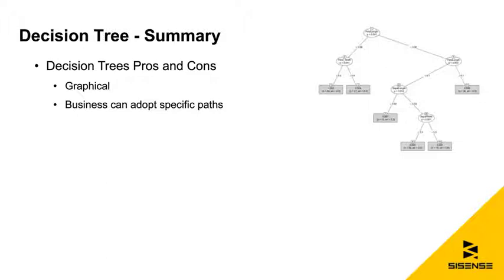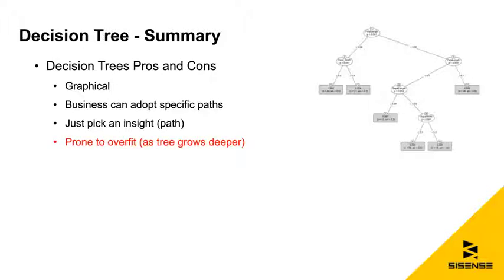They can actually pick a subset of the tree path and adopt it, maybe transform it into a business rule. And so these models are modular, which is a great advantage. On the other hand, decision trees tend to overfit. So we will see how to handle that.